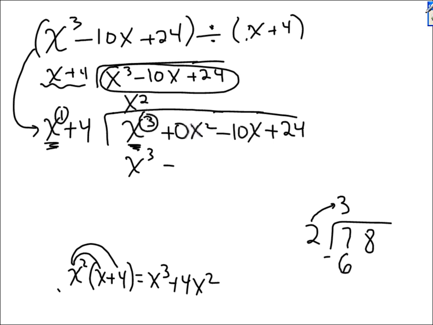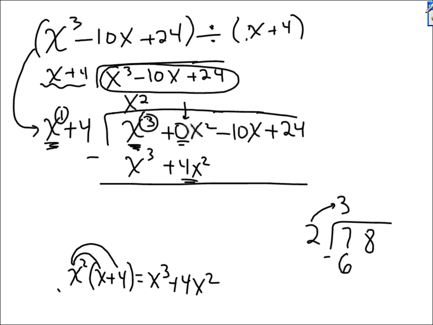X cubed plus 4x squared. And now we want to subtract, but before I subtract, let me make a comment. Notice how the x squares are lined up now.